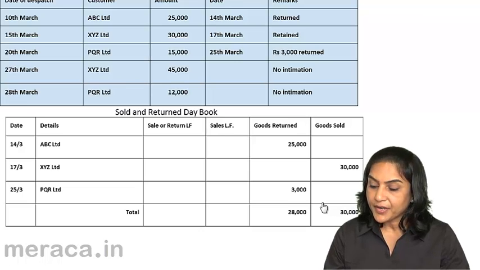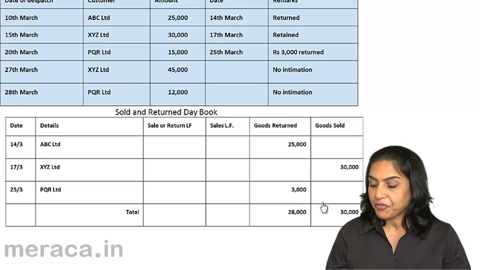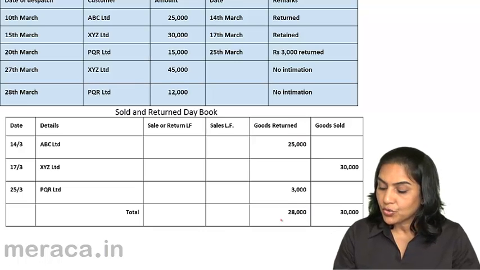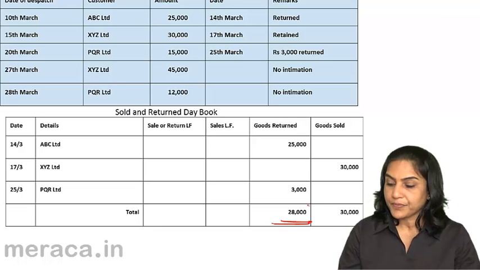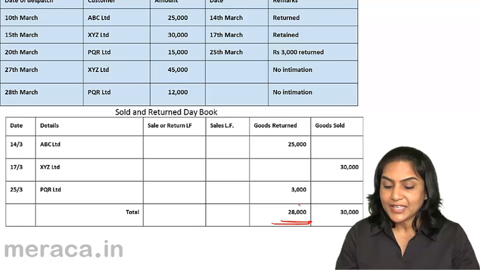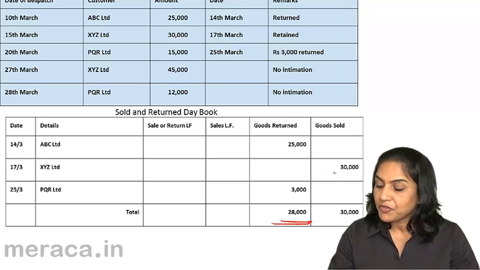When goods were returned by ABC Limited on 14th, by XYZ Limited on 17th and PQR Limited on 25th, they were recorded in the goods returned column, giving us a total of 28,000. The goods which were approved was by XYZ Limited on 17th March, an amount of 30,000.